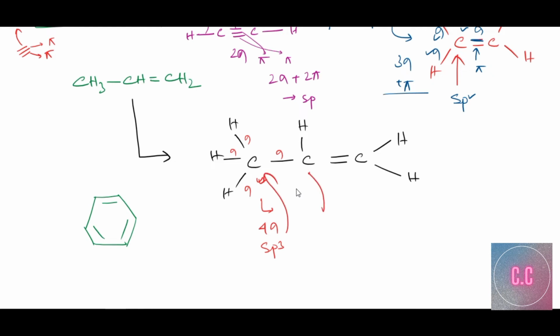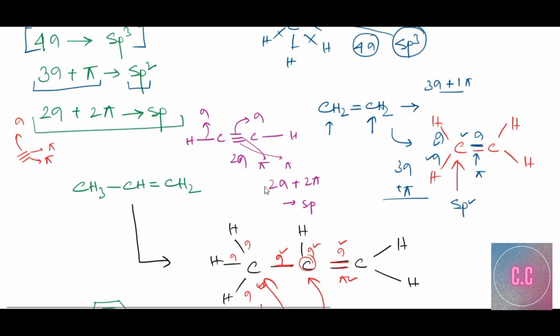For this carbon, we take 1 sigma over here, a second sigma over here, 1 pi, and a third sigma here. That means this carbon contains 3 sigma plus 1 pi. Then, according to this, it will be sp2 hybridized.